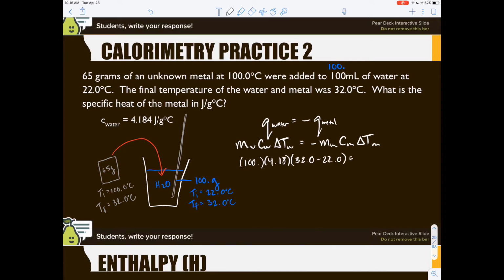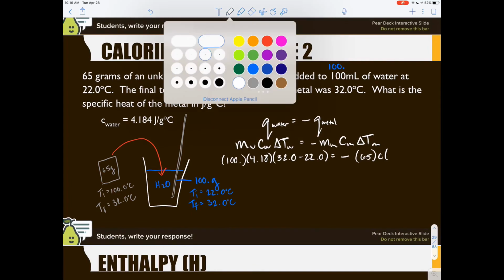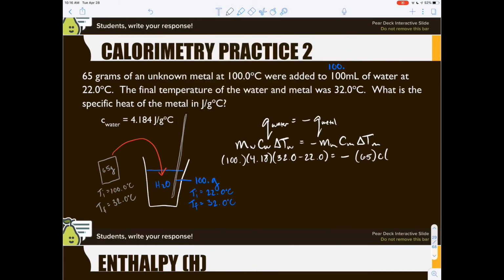Okay, now for the metal, we have negative. The mass of the metal was 65, only 2 sig figs. Okay, the specific heat of the metal is unknown. That's what we're looking for. And the change in temperature for the metal is final minus initial. Okay, so its final temperature was 32, and its initial was 100.